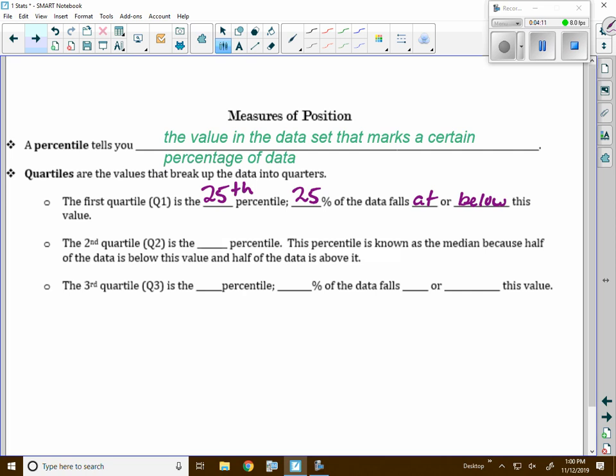Okay, the second quartile is our 50th percentile. Okay, also known as your median. So when you find the median, it's the same thing as your Q2 number.